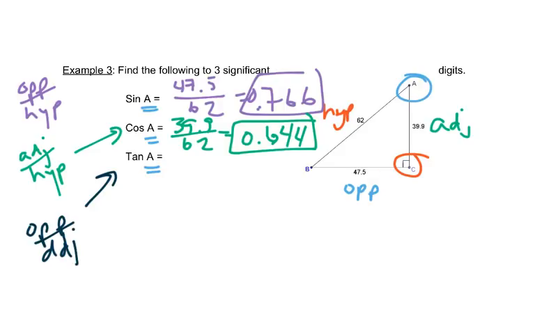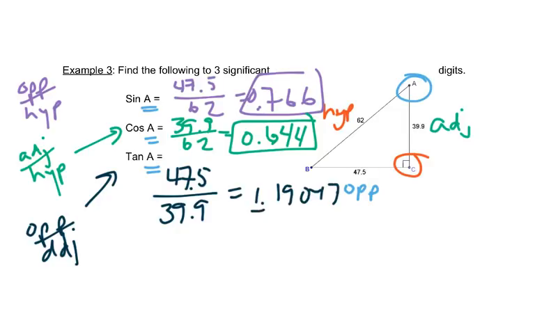So opposite it is 47.5 over adjacent is 39.9. And that's 1.19047. 3 significant digits is the 1.19. The next number is a 0, so the 9 stays a 9. So we'll have 1.19 for our tangent.